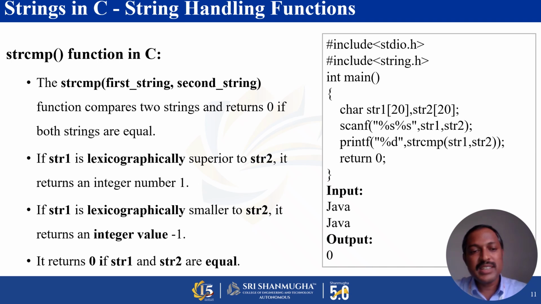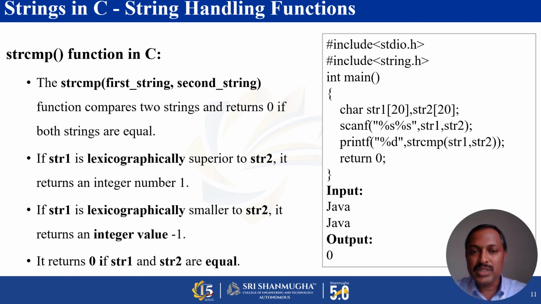Suppose str1 is lexicographically smaller than str2, it returns the integer value -1. In the example, I give two strings, str1 and str2, both Java. Both are compared using the strcmp function, both are the same, so I get 0.